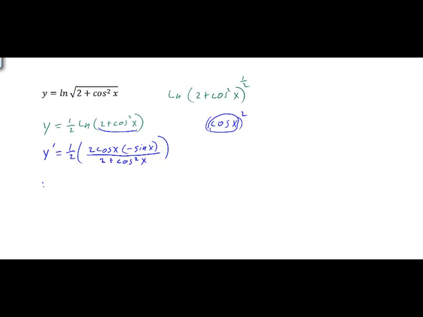So then if we simplify this, the 1/2 out front is going to cancel the 2 here because this is strictly multiplied on top, so we can certainly just cancel that out. So then on the top we have negative cosine x sine x, and on the bottom we're left with 2 plus cosine squared x. And that is our derivative.